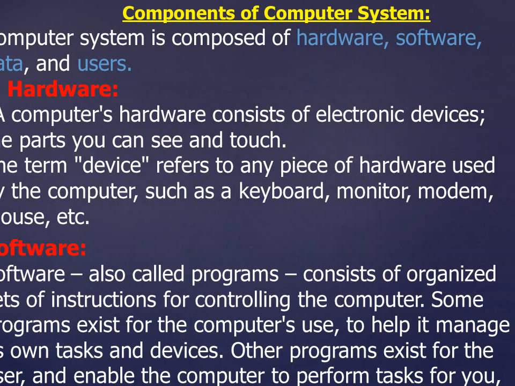Then let's go to software. What are the software components of a computer? Software, also called programs, consists of an organized set of instructions or commands that control the use or the working of the computer. So when you are talking about software, these are just commands.